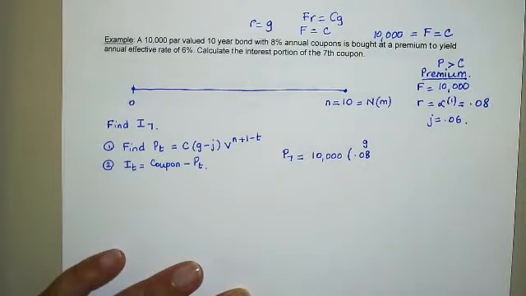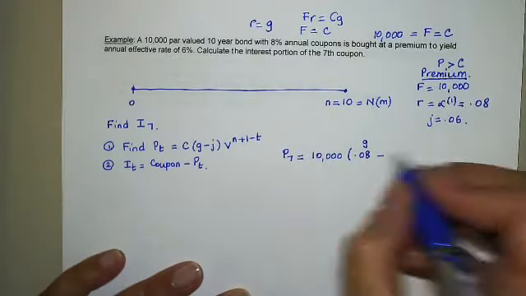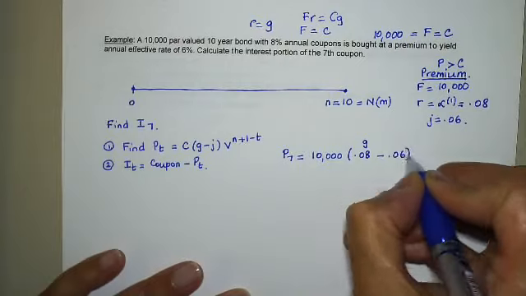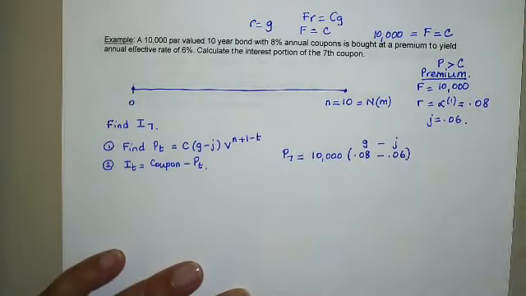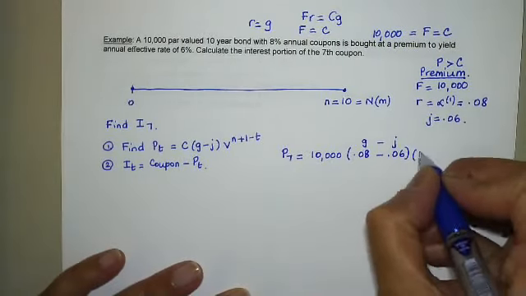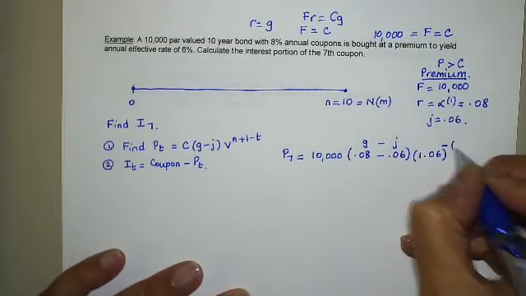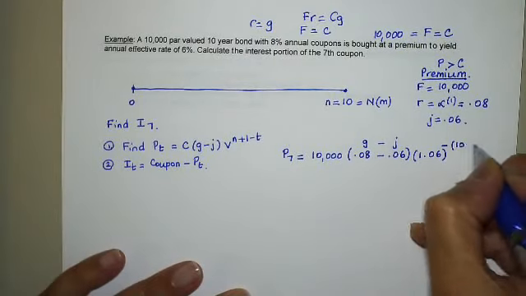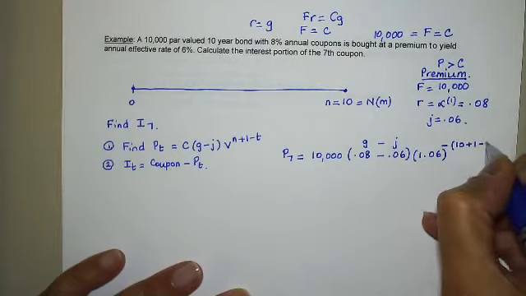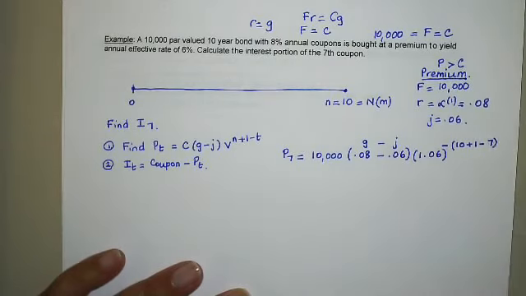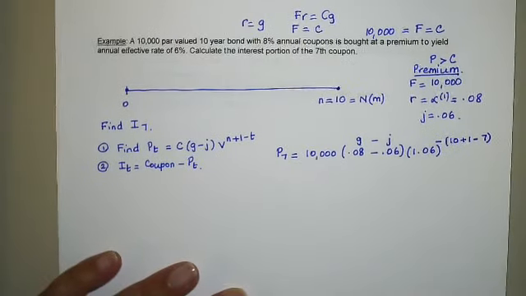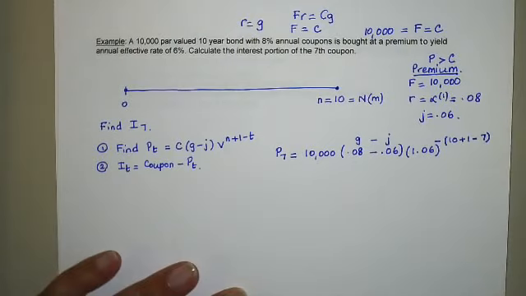So my G is 0.08, the same as R, minus J. J is 0.06. And then V, 1.06 to the minus N, which is 10, plus 1 minus 7. N plus 1 minus T.